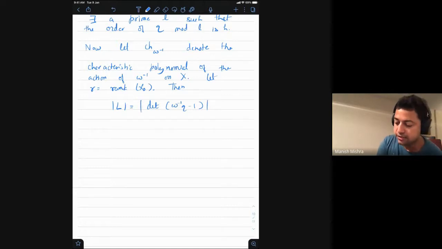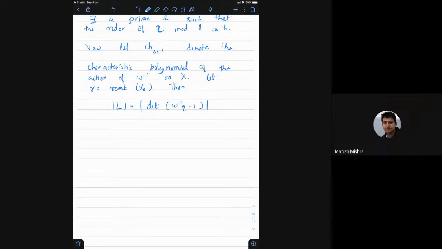So L is just the co-image of the transform omega inverse minus q.